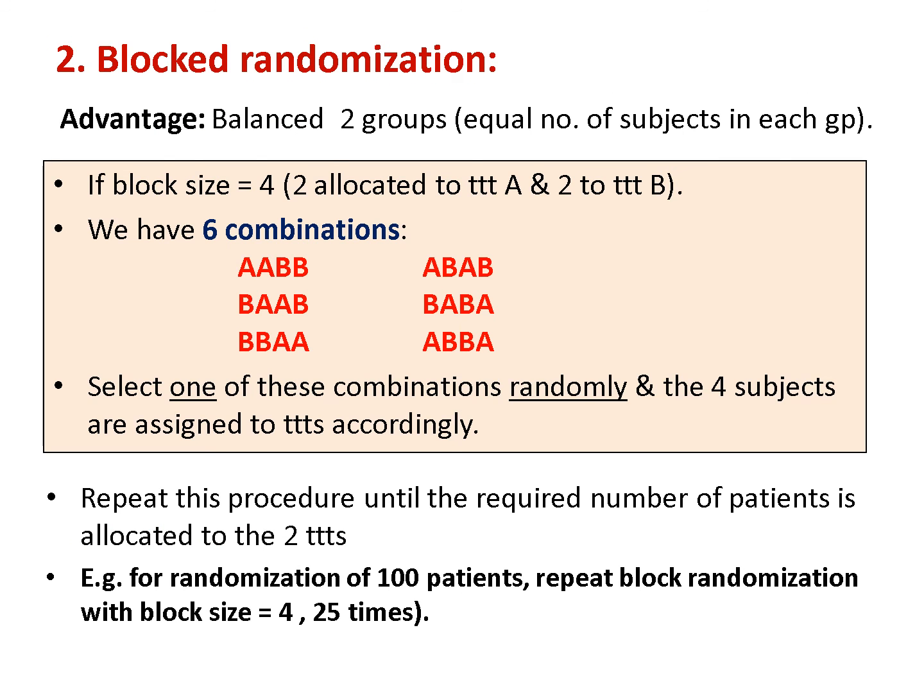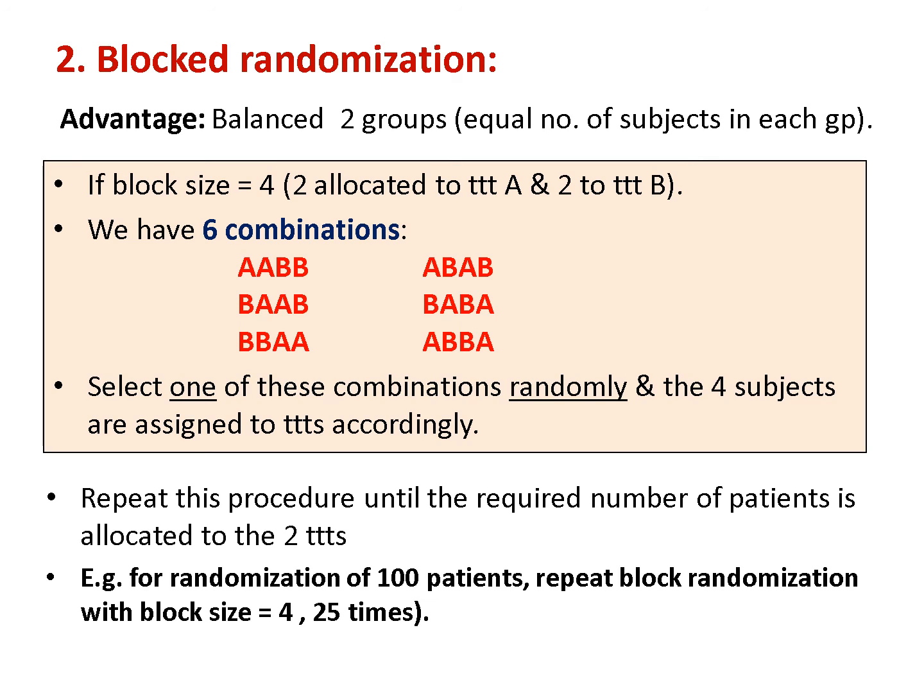The second type, and this is better than the first type, is blocked randomization. This can result in two balanced groups, and this is the main advantage of it. Two balanced groups, like an equal number of subjects in each group.